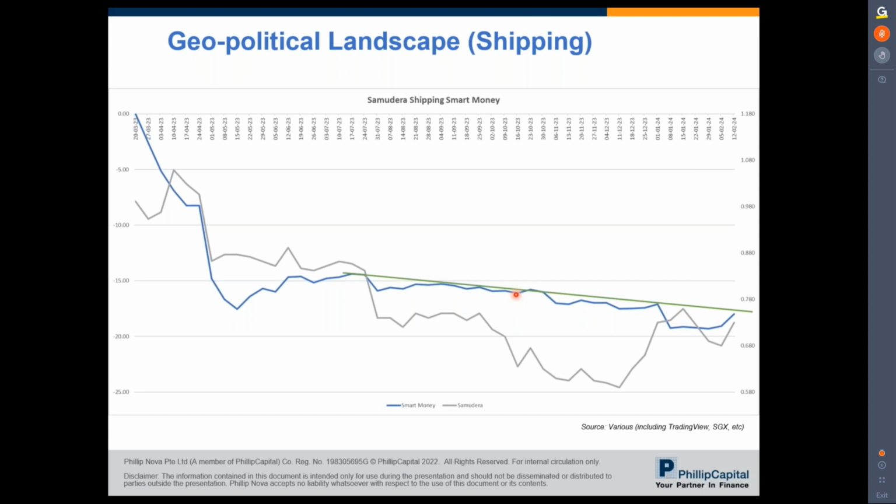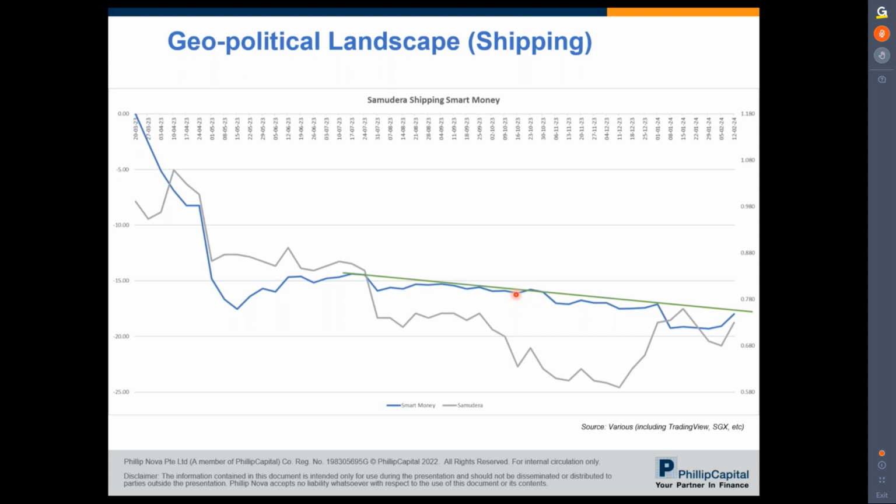So what I like about this stock is that it has a strong balance sheet and cash flow. You can go and check it out. Last year, it paid out a very good dividend, about 9% yield, right? Its cash is more than its debt. And because of the very good run in the freight rate, the business is good, and the company has been generating lots of cash flow.